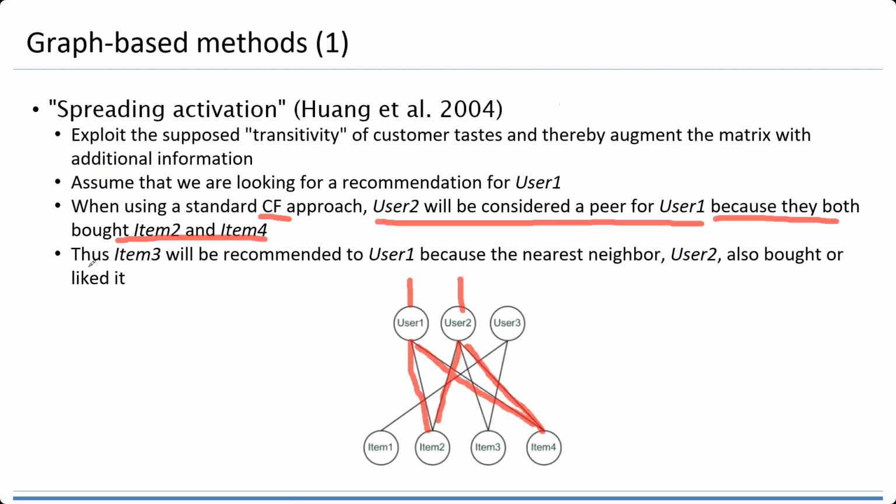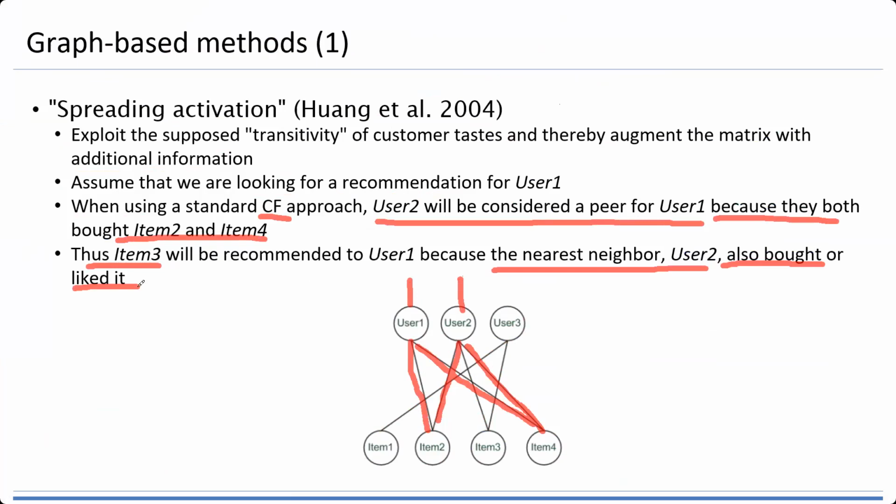Then I can recommend item 3 because the nearest neighbor user 2 also bought or liked it. Okay. User 2 has item 2, item 3, item 4.